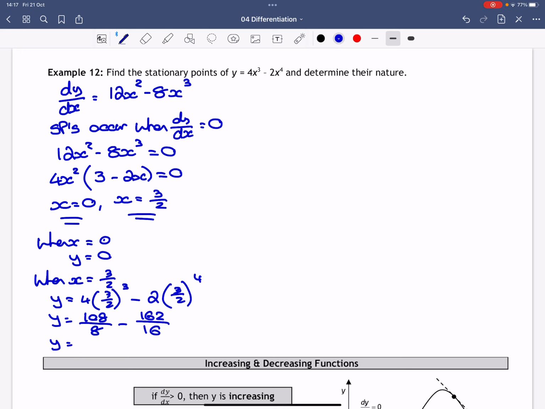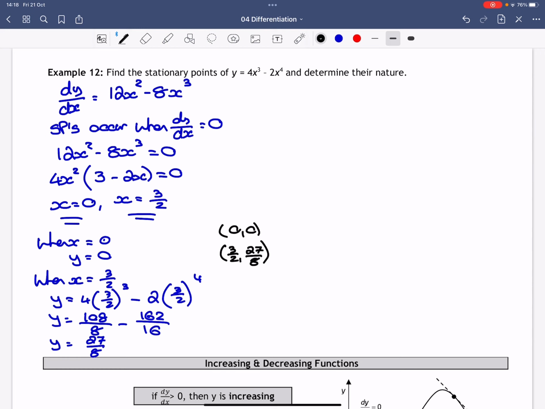Let me just do it on my calculator quickly. So 108 over 8, take away 162 over 16, which gives us 27 over 8. So my two coordinates are 0, 0 and 3/2, 27/8.